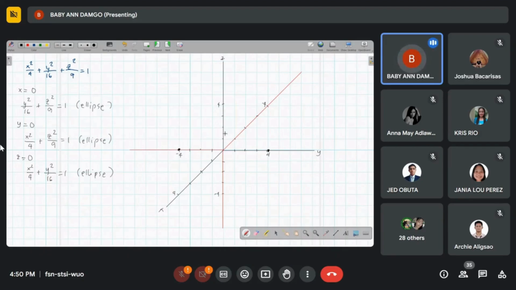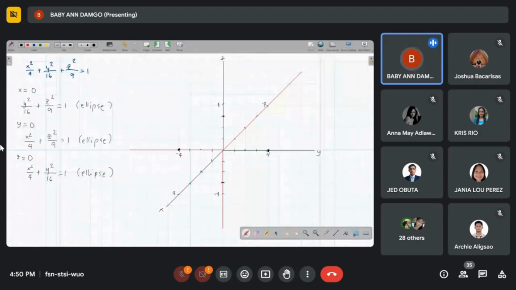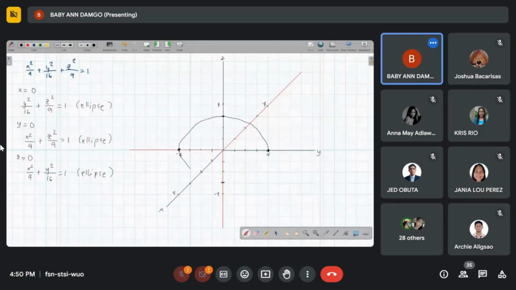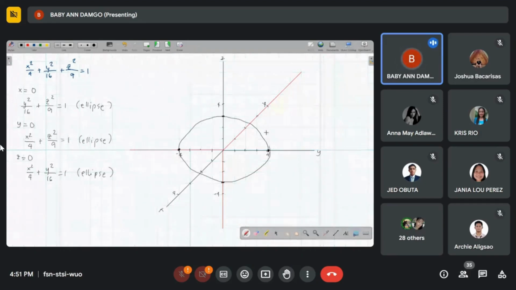So we have 1, 2, 3. Then we connect, and we can form an ellipse.